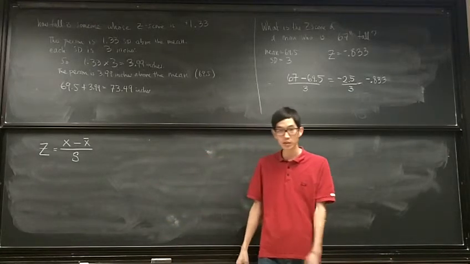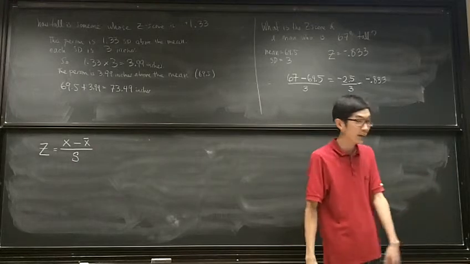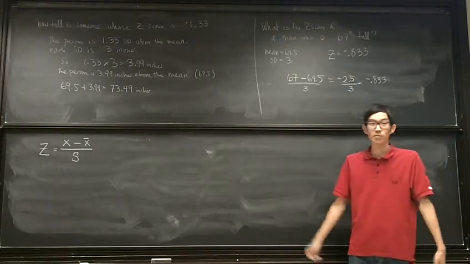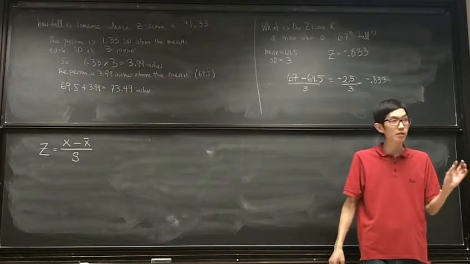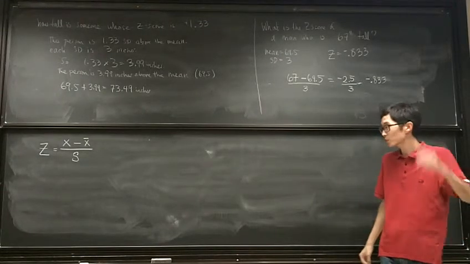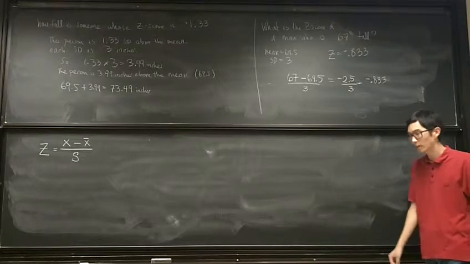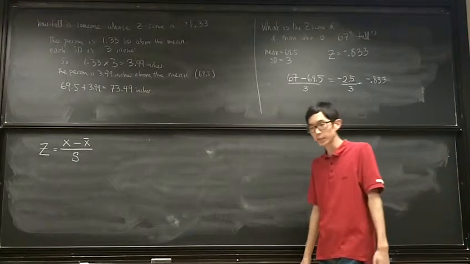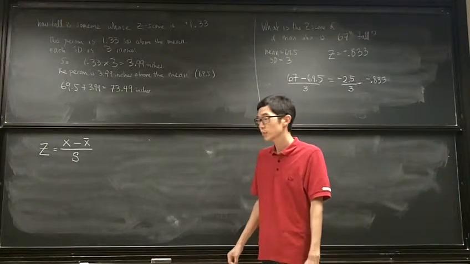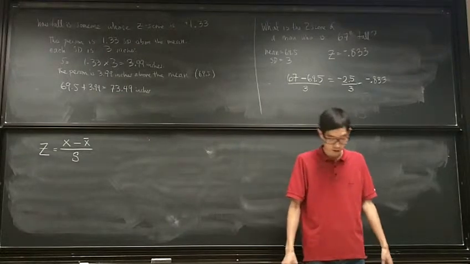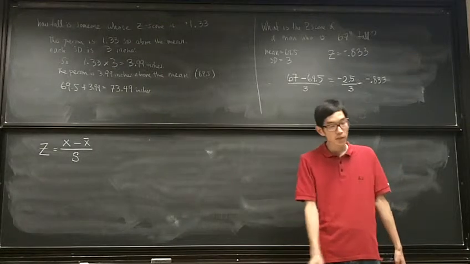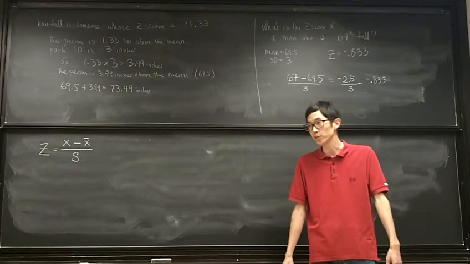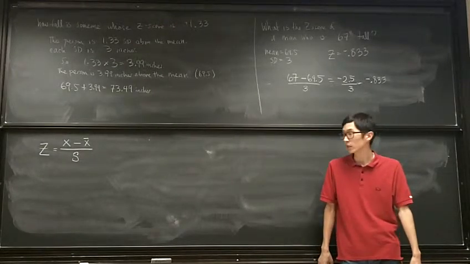Like Hagrid can tell me the wingspan is half a foot longer than the mean. Is that good or bad? I don't know, okay? But I want to know how many standard deviations. A person is 6 inches taller than average. Is that amazing or not? We don't know. When we find out that the standard deviation is 3 inches, then we're like, oh, this person is 2 standard deviations above average, okay?